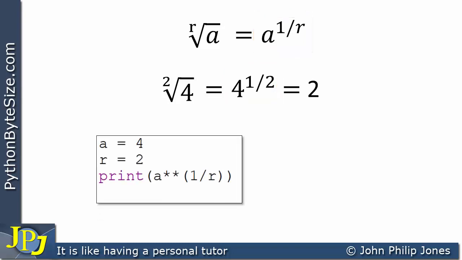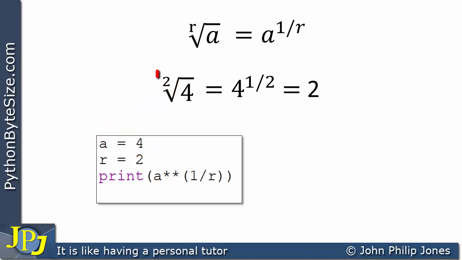So here's the Python program coming into view, and if you look at this line, you can see we're printing this calculation here. And you can see it's a raised to the power 1 divided by r. So this is representing this, which is a raised to the power 1 divided by r. And in this program, I'm setting this value of a, as you can see here, to 4.